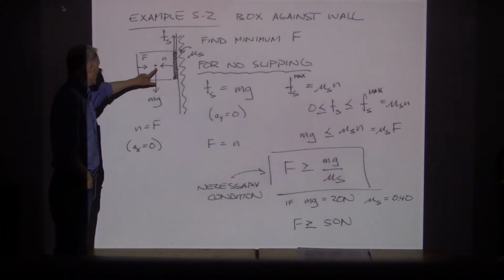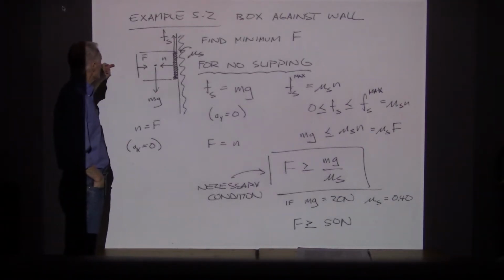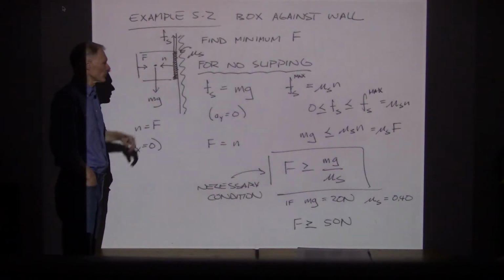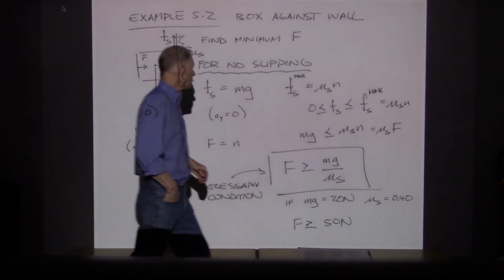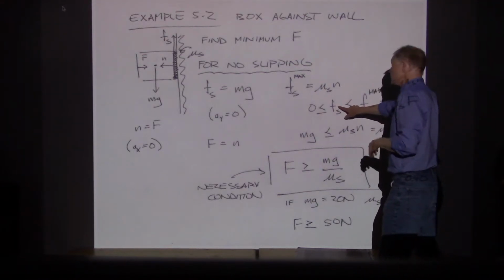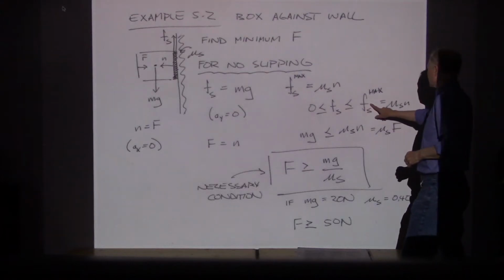N is going to be equal to F, so there's no acceleration in the x direction either. So we're going to be pushing with a force here, and that will set up a normal force of N. Now, we know that the static friction force could be anywhere between 0 and some maximum value.